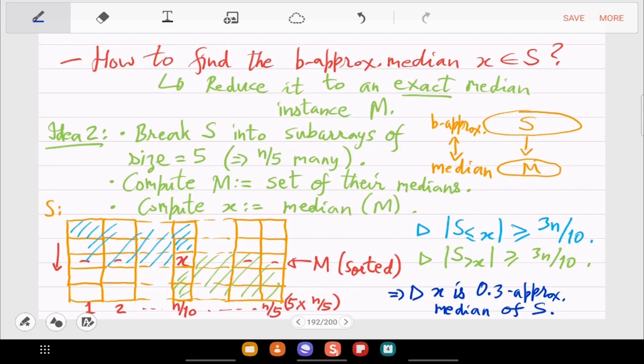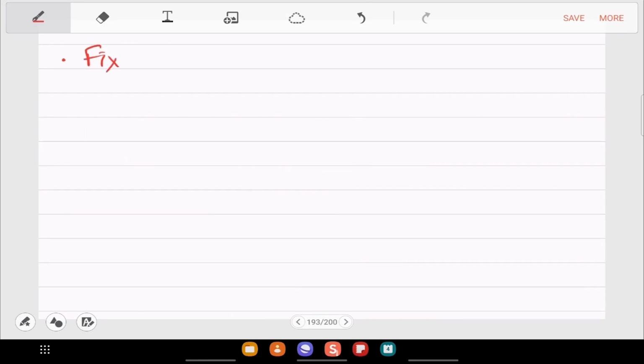Okay, so now what we will do is let us fix the constant. So what is D? D is one recursive call which you will do to compute X, right?